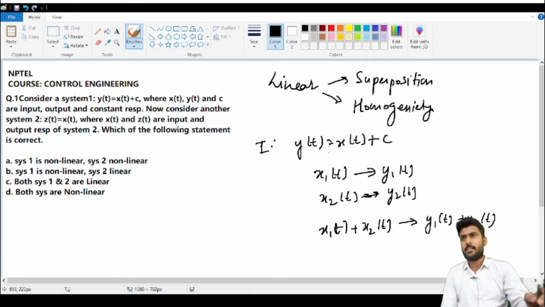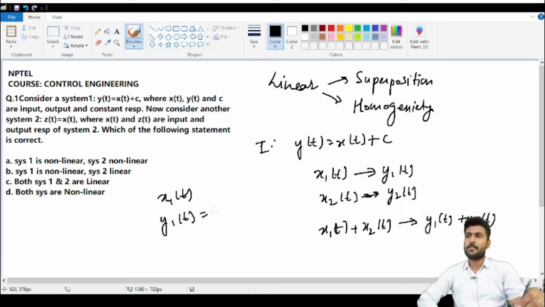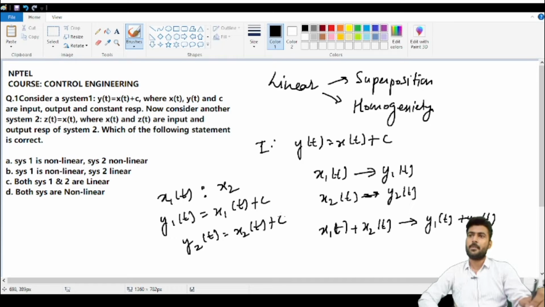Applying this to the first system, for input x1(t) the output is y1 = x1(t) + c, and for another input x2 we get y2 = x2(t) + c.